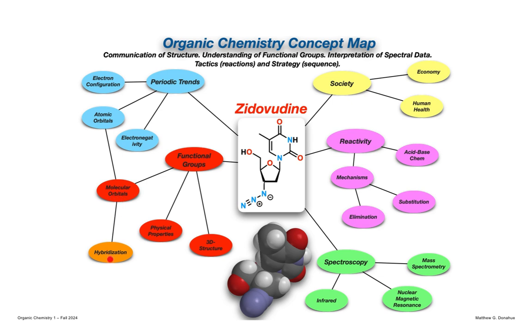And that requires hybridization, which is a mathematical concept. We'll talk very qualitatively about these things, but really what we're trying to do is keep track of electrons. Functional groups impact physical properties of the molecule, and ultimately the orbitals and functional groups give it its three-dimensional structure.